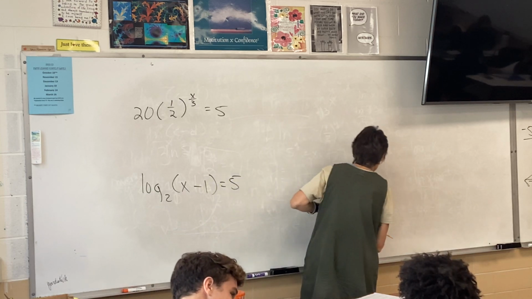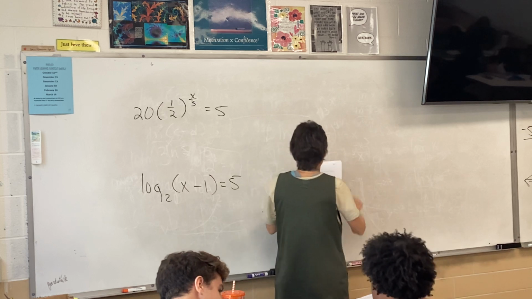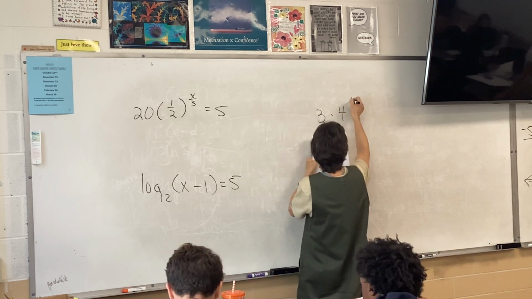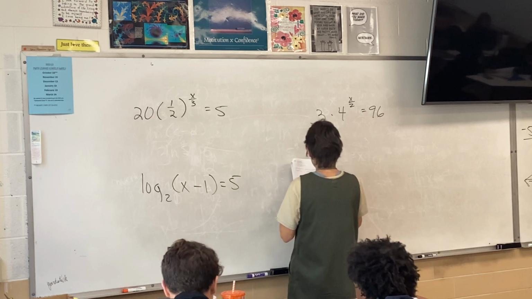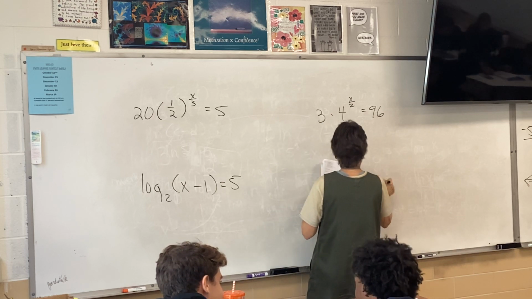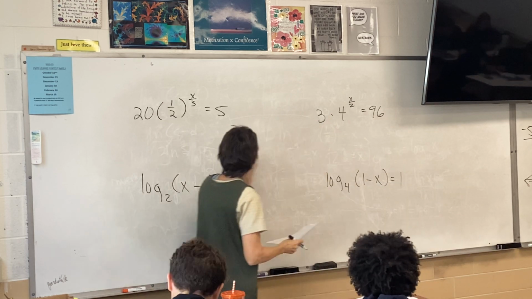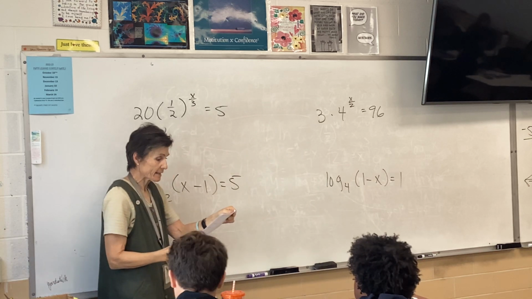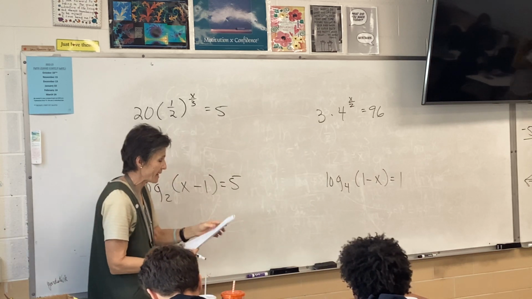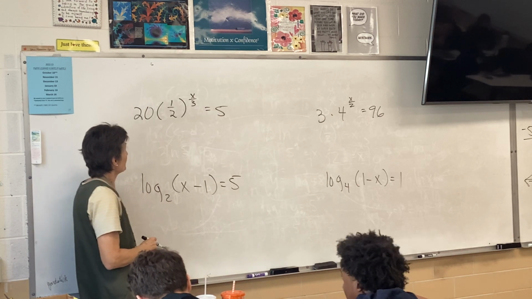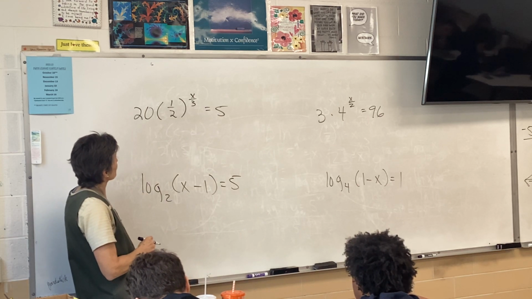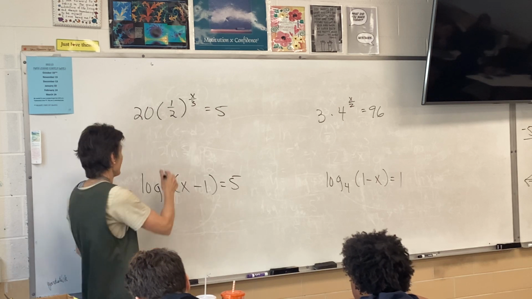All right, so here we go. We're gonna solve these equations. So, how about the first one, doing this without a calculator? If we can, I don't know, let's see. What are we gonna do here? We can divide by 20.